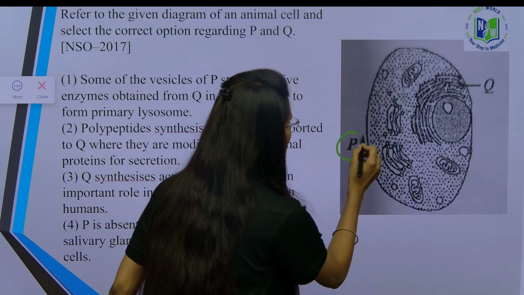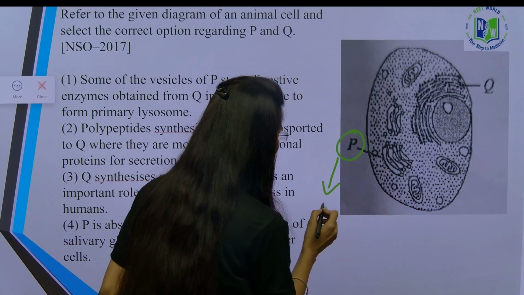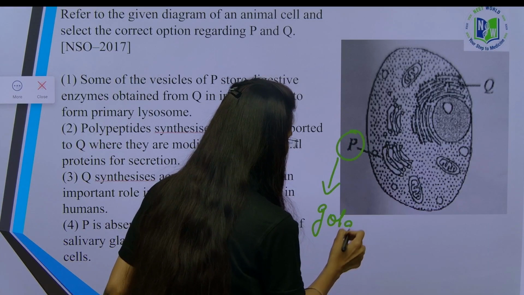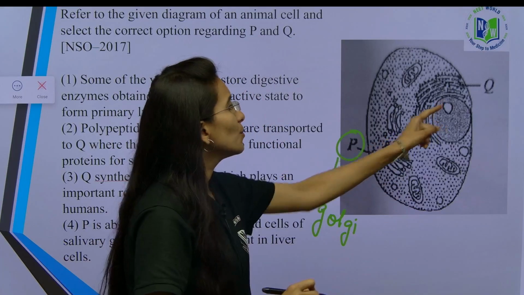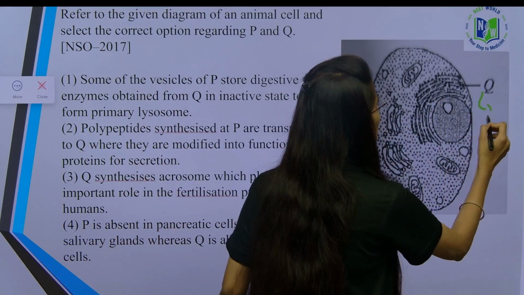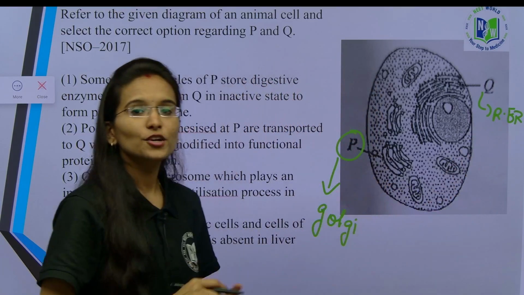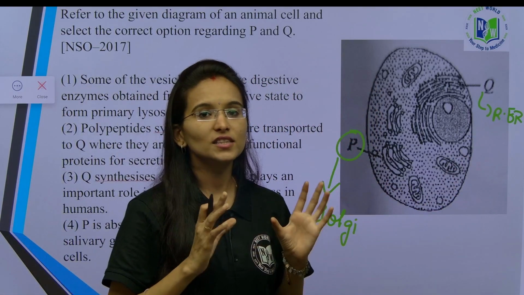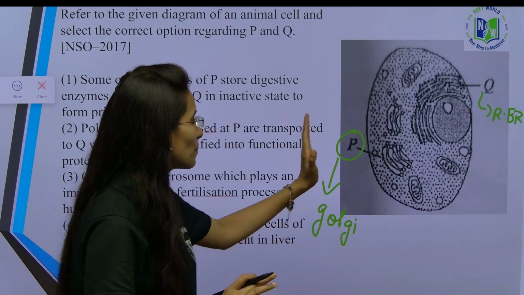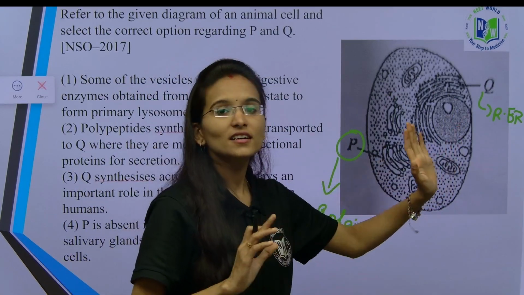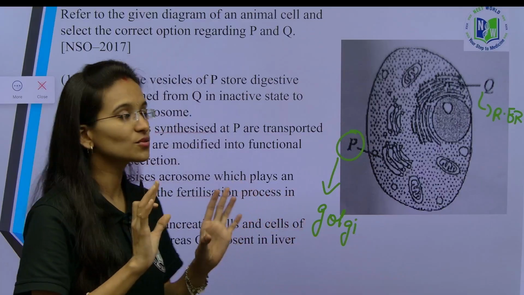Here P is the Golgi apparatus, and Q is the rough endoplasmic reticulum, which is continuous with the nucleus.